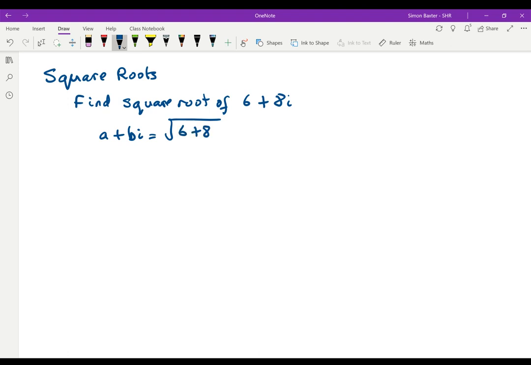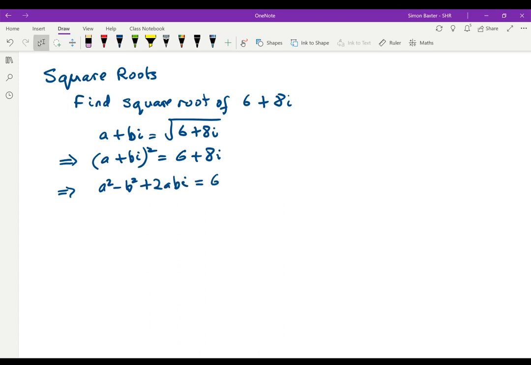Well, we start by squaring both sides. That will give me (a plus bi) squared is equal to 6 plus 8i. That is a squared plus b squared i squared, but i squared is minus 1, so a squared minus b squared, plus 2abi is equal to 6 plus 8i.